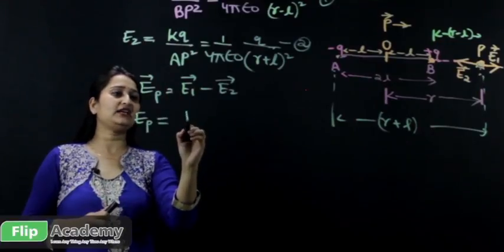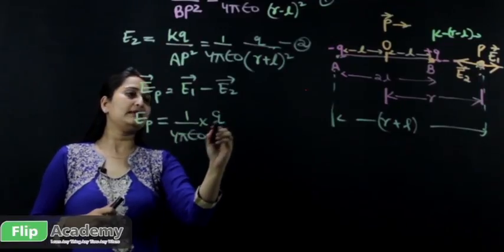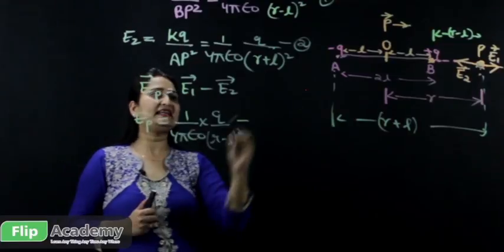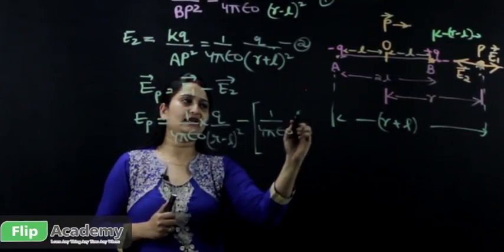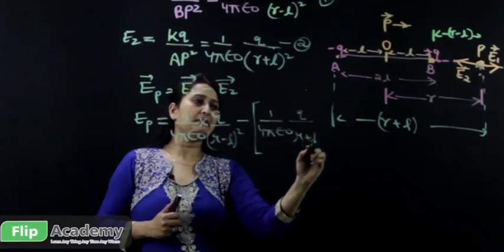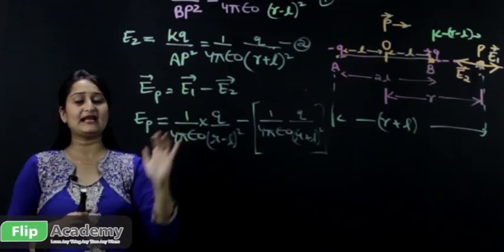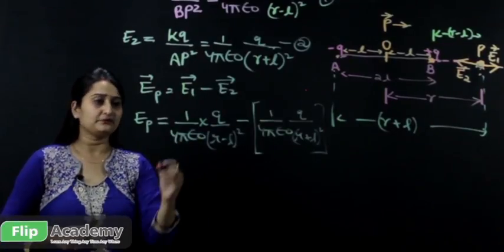On subtracting, you will get 1 by 4 pi epsilon naught multiplied by Q upon R minus L whole square, minus, what is E2 now? E2 is 1 by 4 pi epsilon naught Q upon R plus L whole square. This is what you will get when you put the value of 1 and 2. Now take the term which is common.